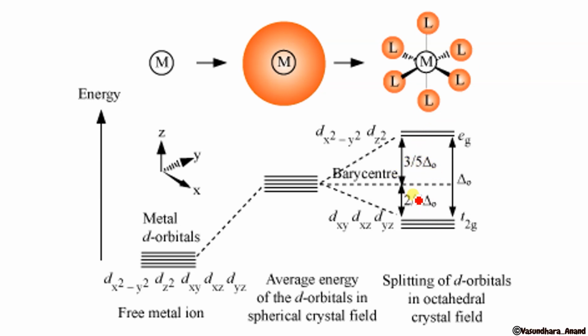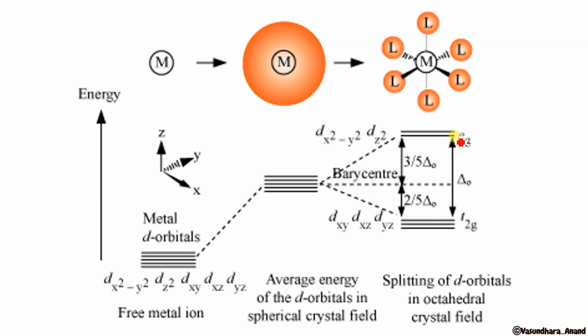And in this case the 3 are coming down, so that means from the normal one, their energy will be decreased by 2 by 5 of delta naught. So this delta naught is the crystal field splitting energy, and this is Eg, this is T2g.